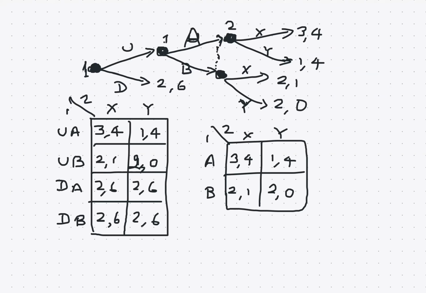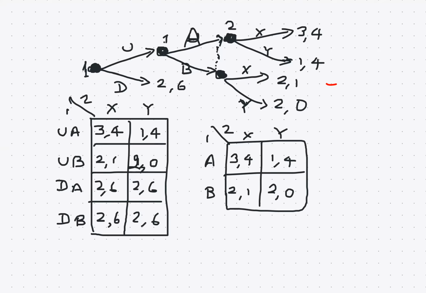So consider the game we have on the slide. Let's use a different color here. So keep in mind that this game has one proper subgame, which starts at the node reached when player 1 plays U at the initial node.